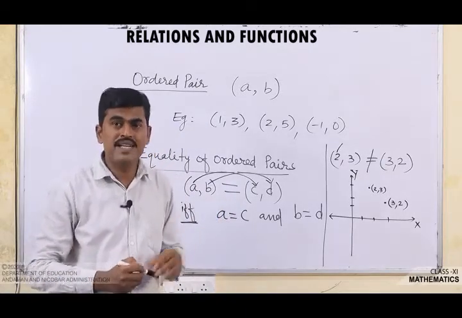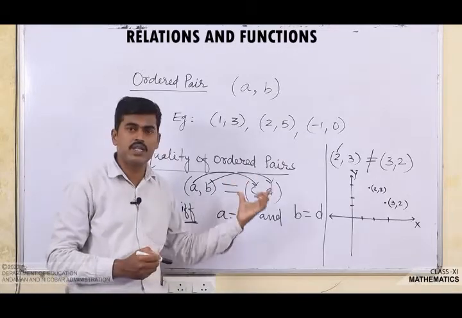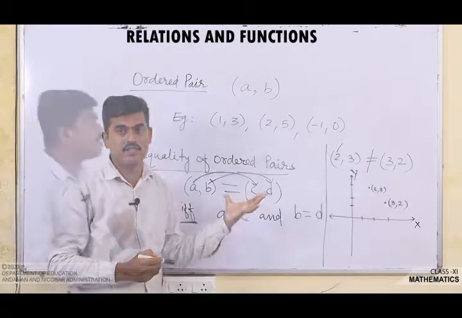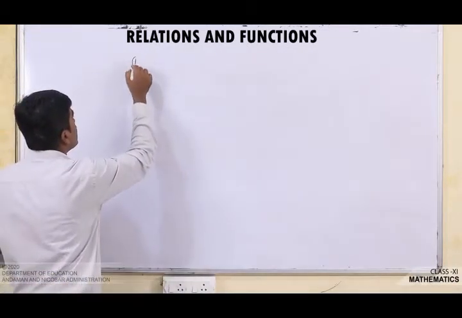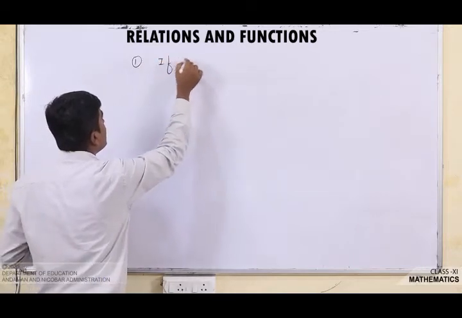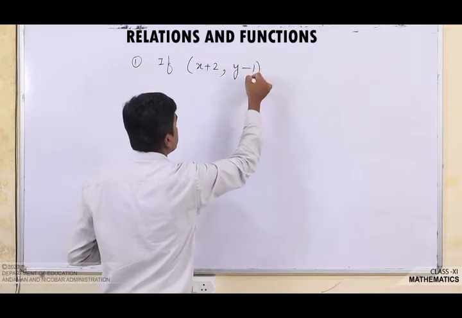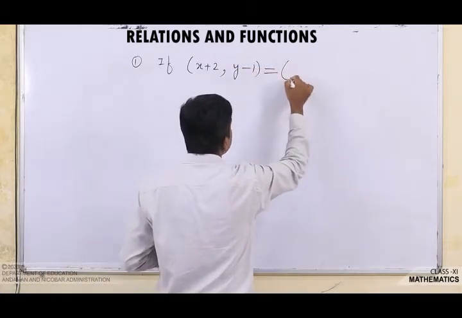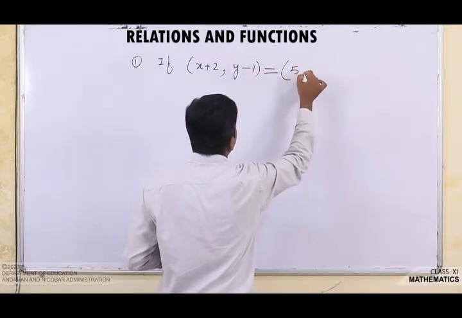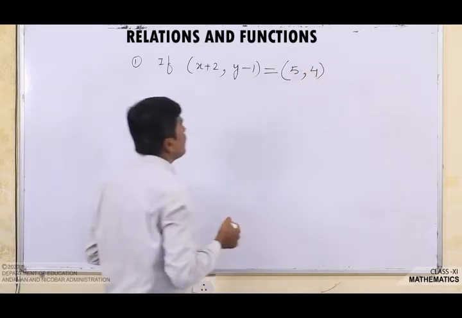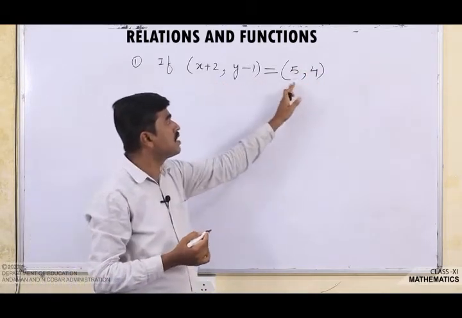Now let's see some questions related to the equality of ordered pairs. Let's see the first question. If x plus 2 comma y minus 1 is equal to 5 comma 4, that means these two ordered pairs are equal.